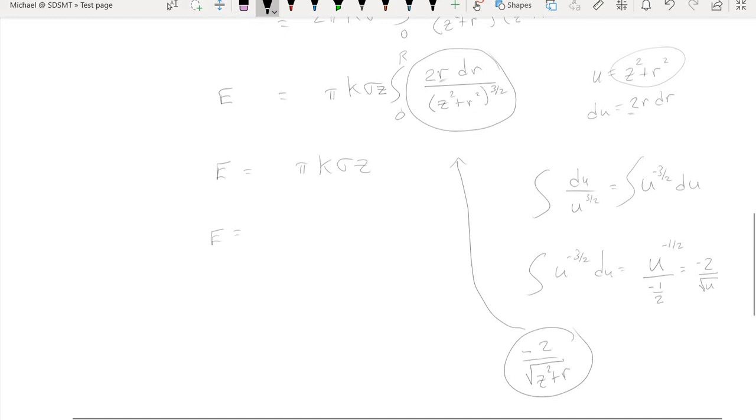It just sort of rode along in the integration process here, but we now have a negative 2. We have pi k sigma z all over root z squared plus r squared, which we now have to evaluate at our limits.